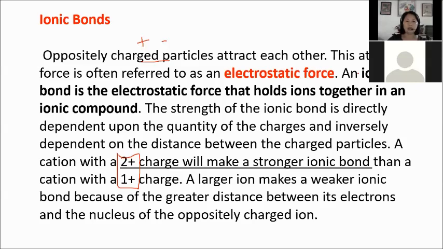The reason? A larger ion makes a weaker ionic bond because of the greater distance between its electrons and nucleus of the oppositely charged ion. So meaning, ang 1 plus yung larger ion. So weaker ionic bond yung 1 plus.